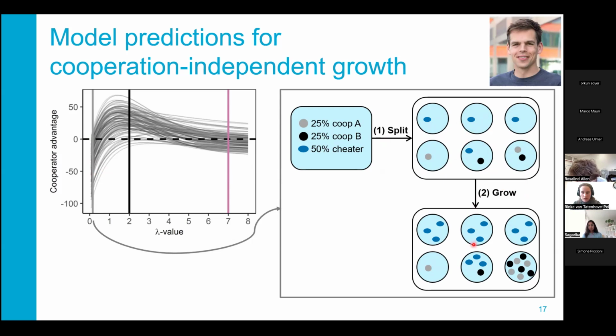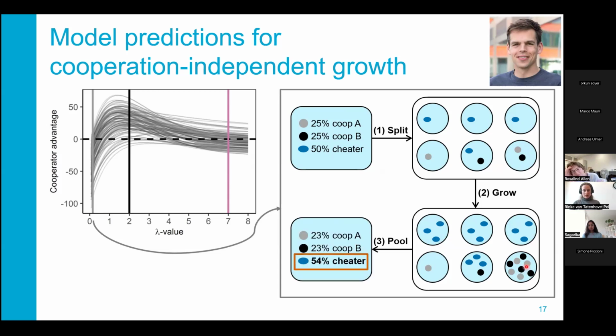We let the system grow, and now the cheaters on their own can grow a little bit, let's say up to 3 cells per droplet. And when we have the cooperators together, they can grow up to 8 cells per droplet. You would then say, okay, so that means the cooperators will win. But actually, if you count and pool them again, you see that the cheaters indeed outcompete the cooperators.